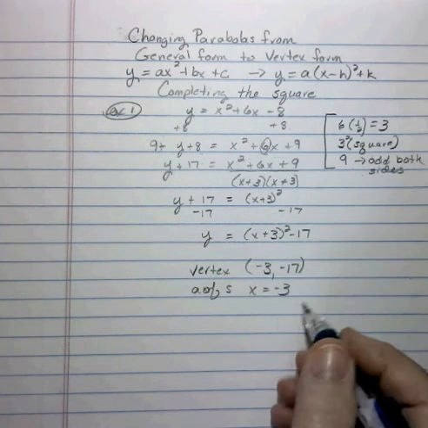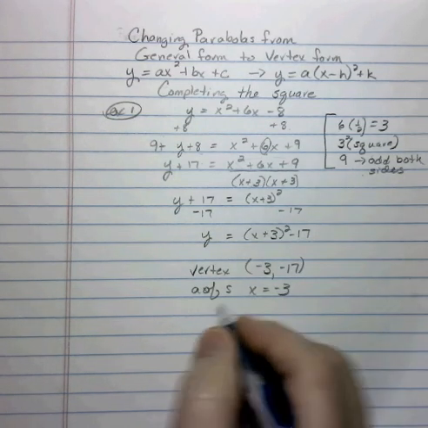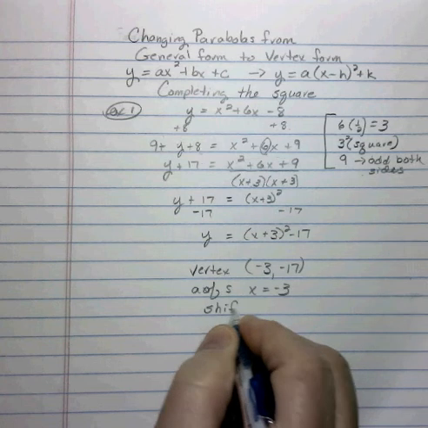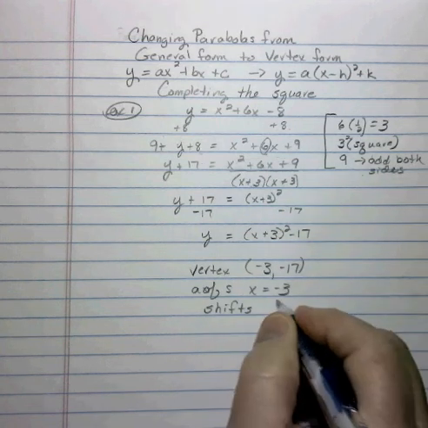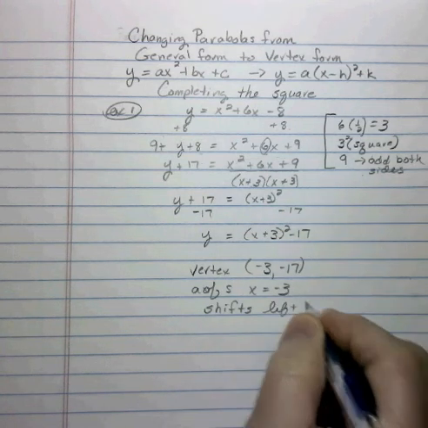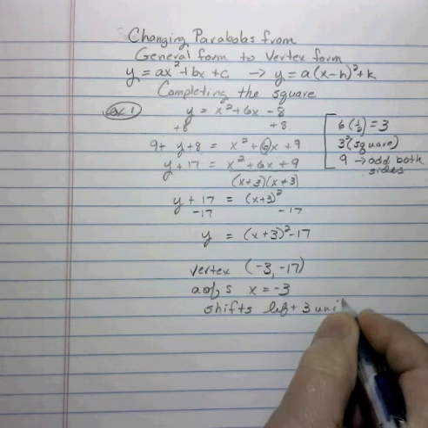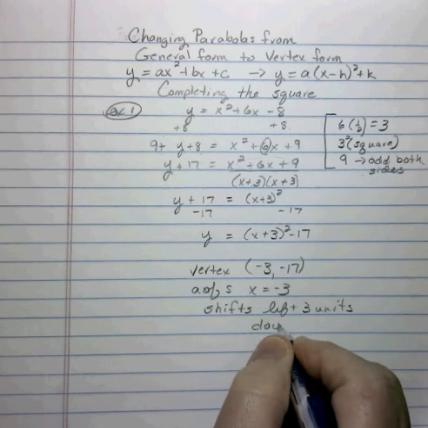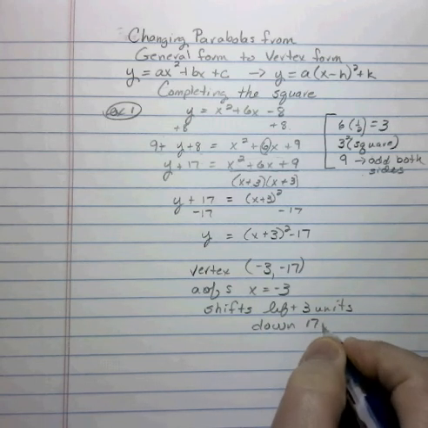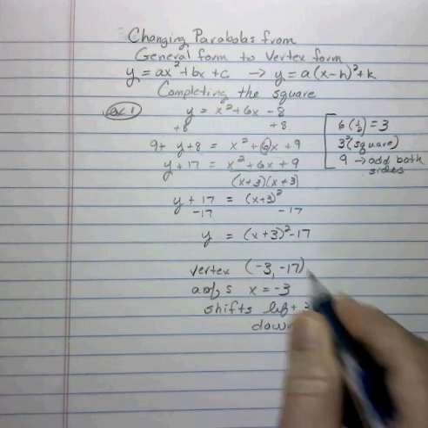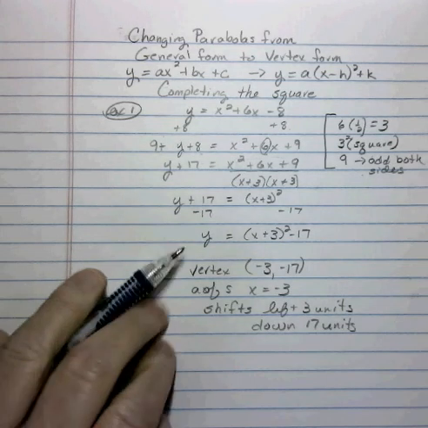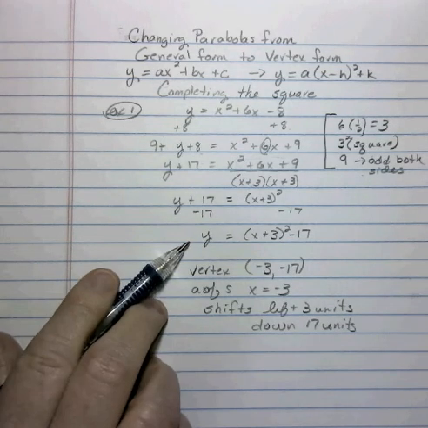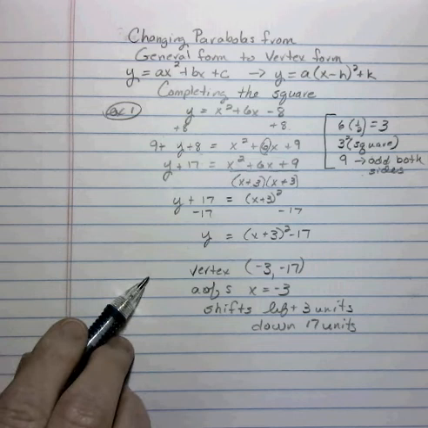It means the graph has shifted to the left 3 units, and it has shifted down 17 units. All of those things are things that we can identify from the use of the vertex form.